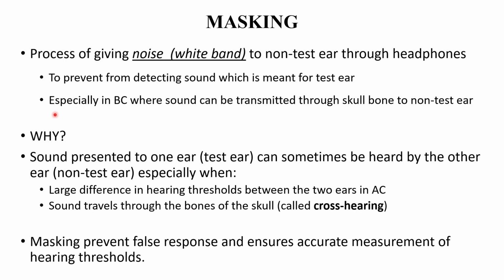Why is masking given? As already mentioned, sound presented to one ear, which is the test ear, can sometimes be heard by the other ear, which is the non-test ear, especially when there is a large difference in hearing thresholds between the two ears. The sound travels through the bones of the skull, which is known as cross hearing.